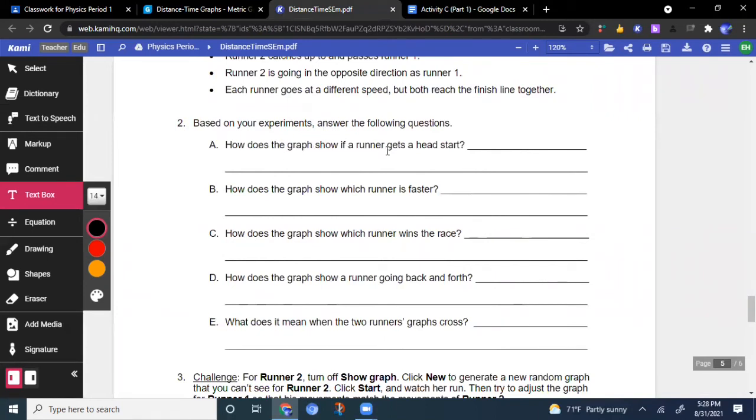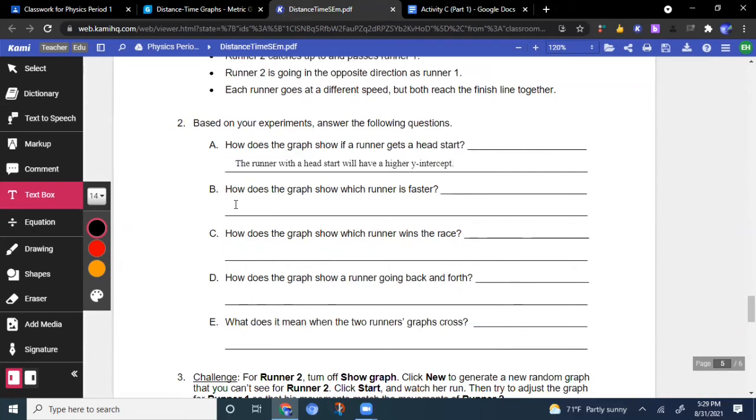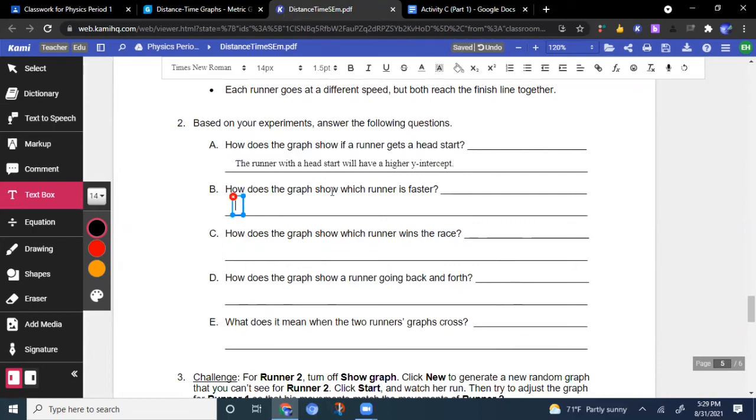How does the graph show if a runner gets a head start? The runner with a head start will have a higher Y-intercept. Letter B. How do we know which graph shows which runner is faster?